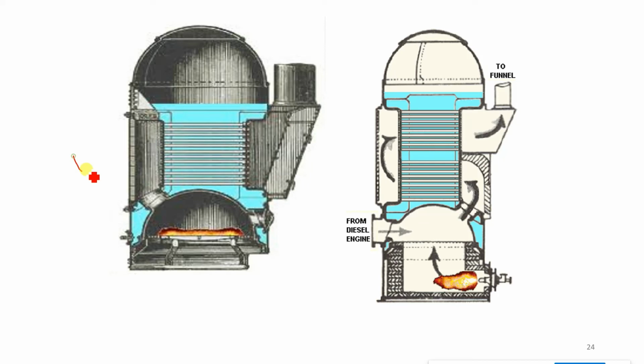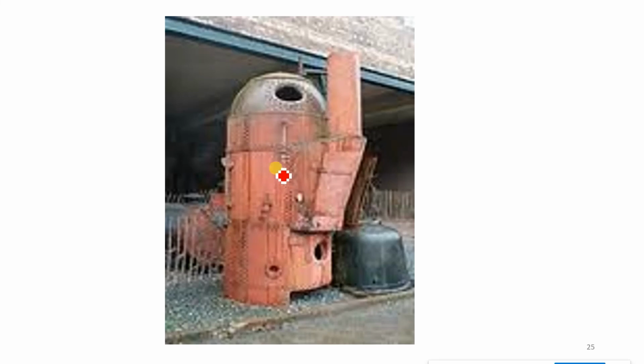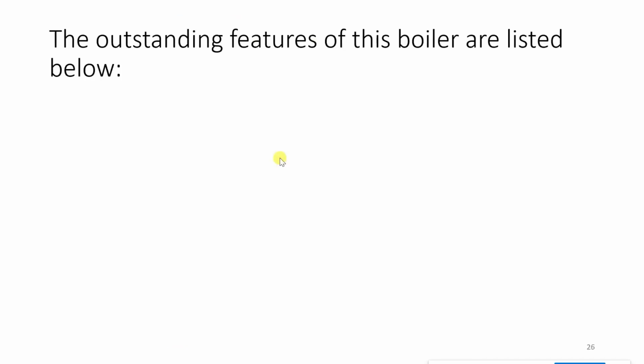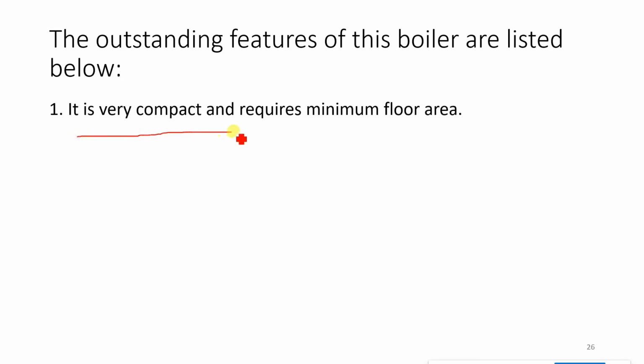Here you can see two different designs of the Cochran boiler. This is an actual model of the Cochran boiler. The outstanding features of the Cochran boiler are: it is very compact and requires minimum floor area since it is vertical.